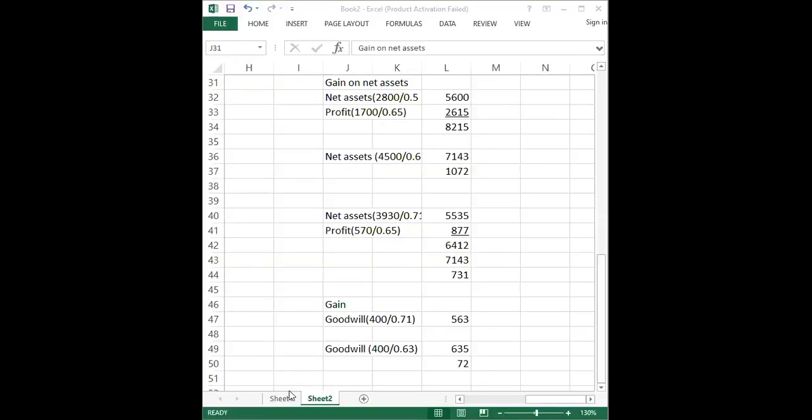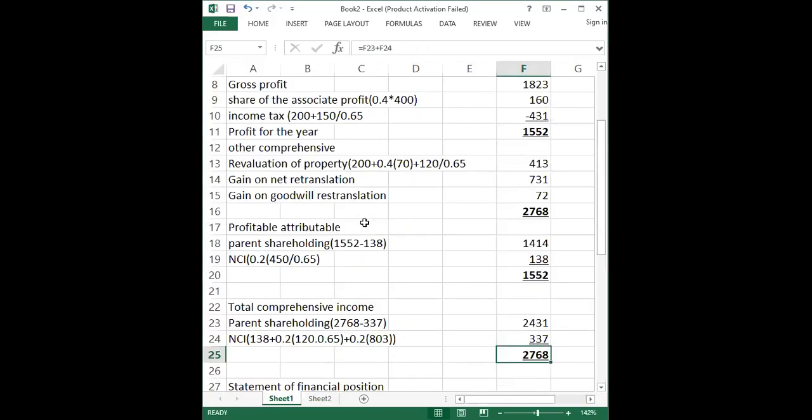The statement of profit or loss account. We had the statement of profit or loss. Let me show that. Okay. So which one are you talking about? I'm talking about the first profit for the year, 1,552.